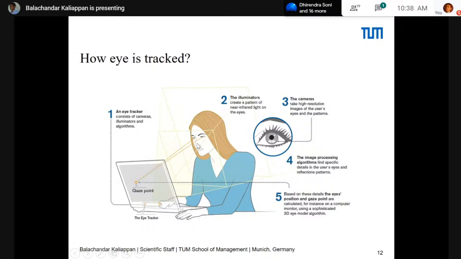Later on, this pattern will be captured by a camera that is available in the eye tracker. With the information that the eye tracker gets, it will process your data and find where your eyes are fixated. Now you can see in this picture, she's looking at this point, point X, and this X is the gaze point. That's the place where she places her eye. She is focusing on that point, and that will be captured and detected by the device.